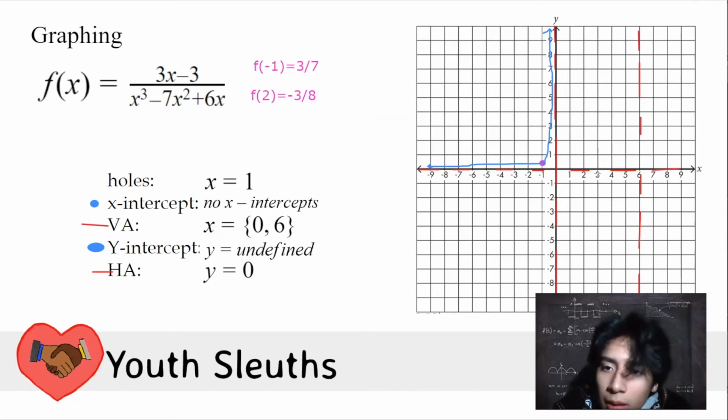So we will plot that point at -3/8, which is around down here. And this tells me that my graph is on the bottom rather than on top. And our end behavior will look like this and like this. Oh, a bit too close. Don't forget your arrows.